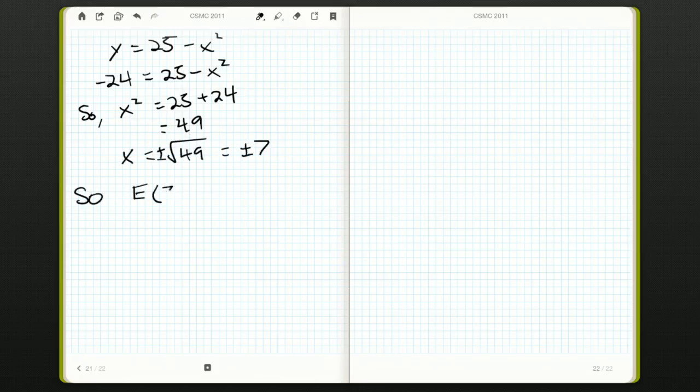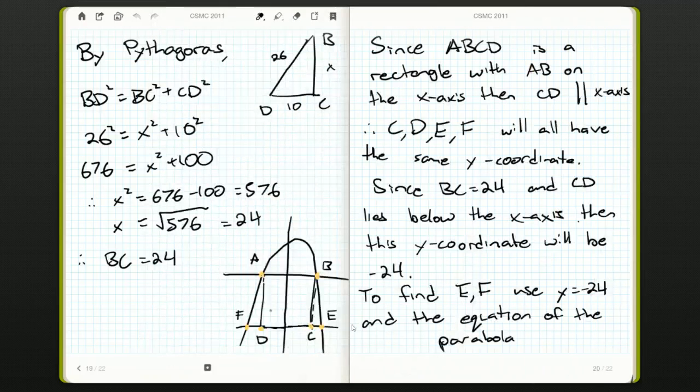So E, we said E is going to be the positive one, so it's going to lie at 7 and negative 24. F is going to lie at negative 7, negative 24. Just according to our picture on the previous page. We had E was positive x values, negative y values, and F was negative y values, negative x values.